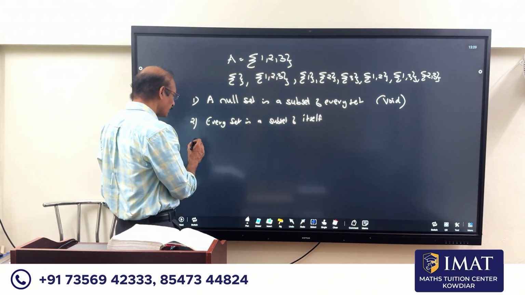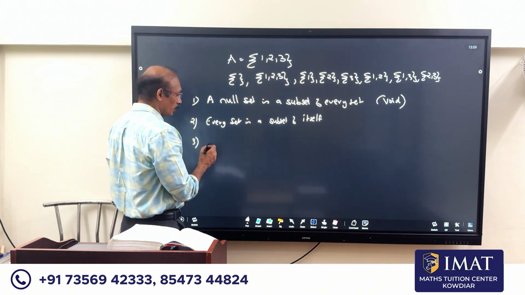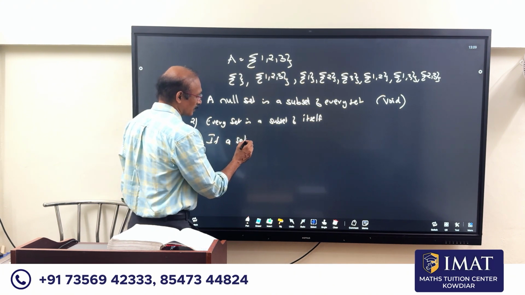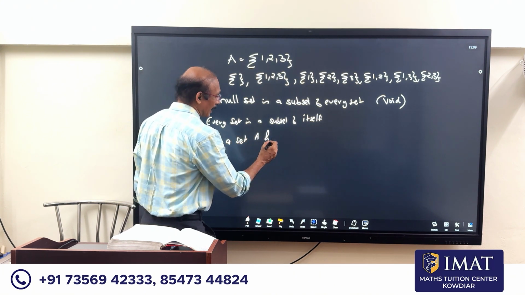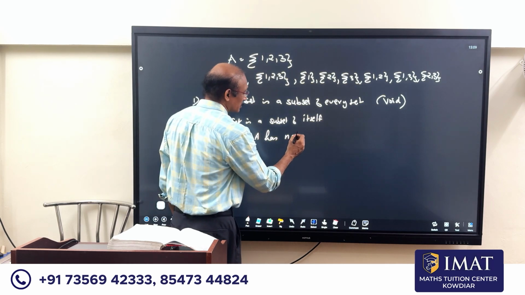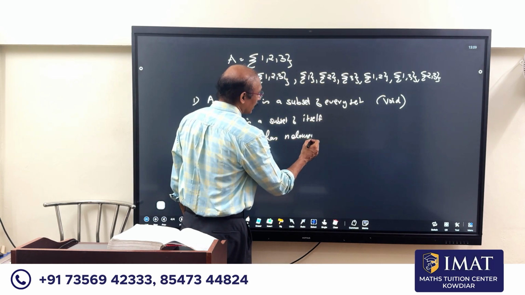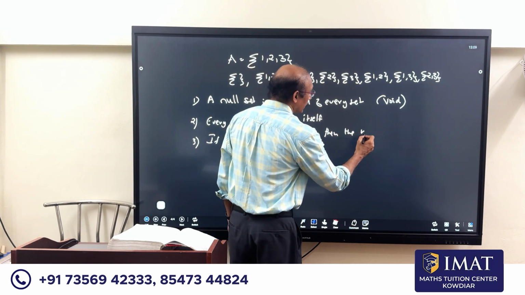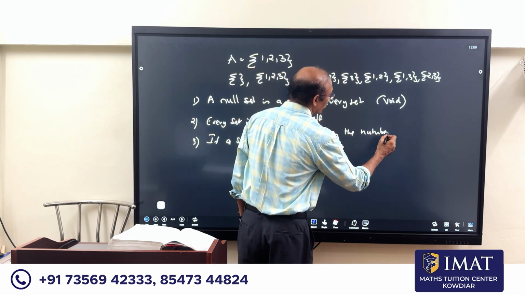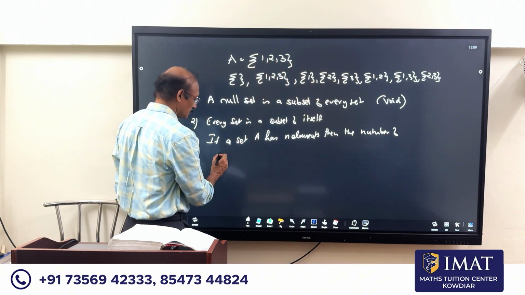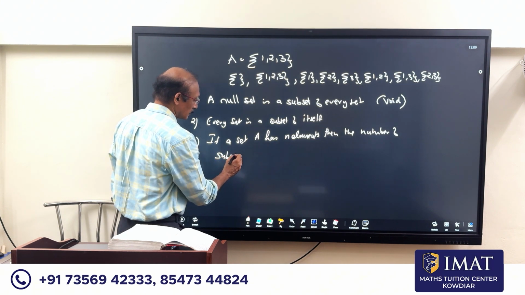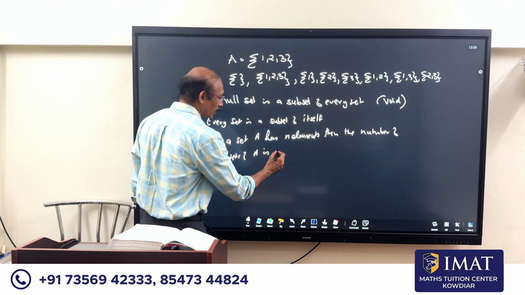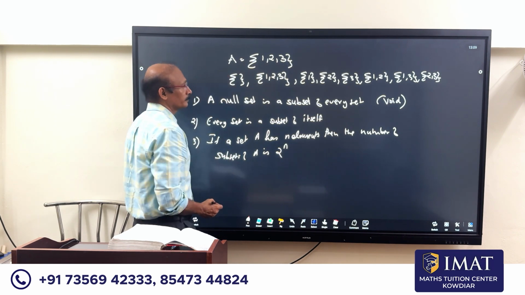So now comes a third point which you have to know. If a set A has n elements, then the number of subsets of A is given by the formula 2 raised to n.